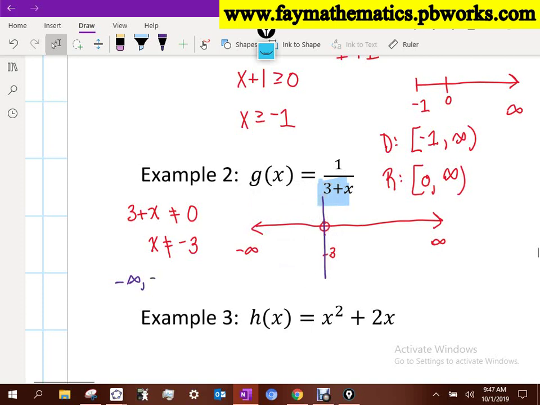So we do something like this, correct? That tells me I can get just to the left of -3. I'm not going to include it. Now I want to jump over it. I want to be just to the right of -3. Well, just to the right of negative 3 would look something like this. And then there are no other issues as we go through, right?